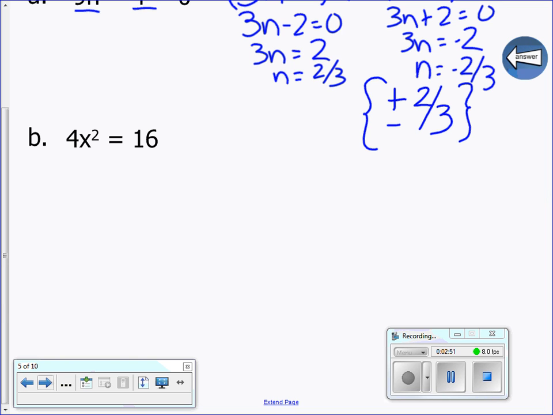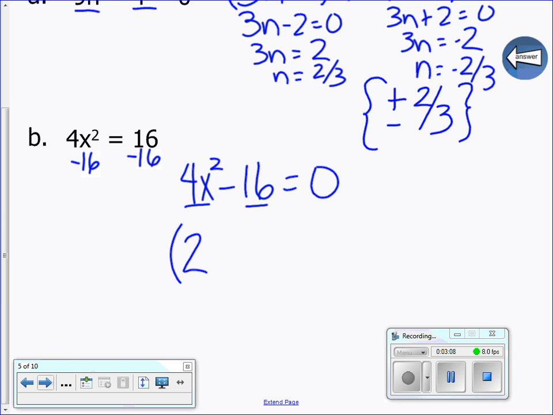Let's try this next one. 4x squared, oh, we don't have it equals 0, so I'm going to have to subtract 16 from both sides. So I'm going to start with 4x squared minus 16 equals 0. 4x squared is a perfect square, 16 is a perfect square, with a subtraction in between. So 2x plus 4 and 2x minus 4.